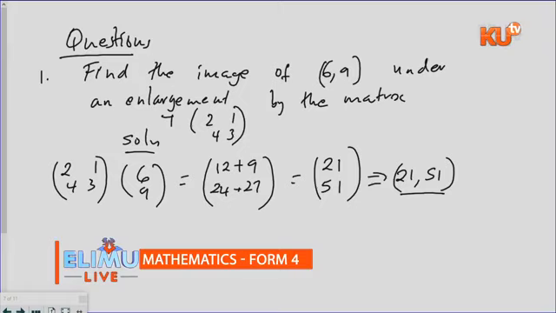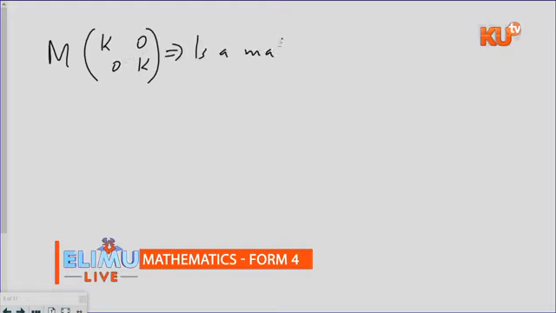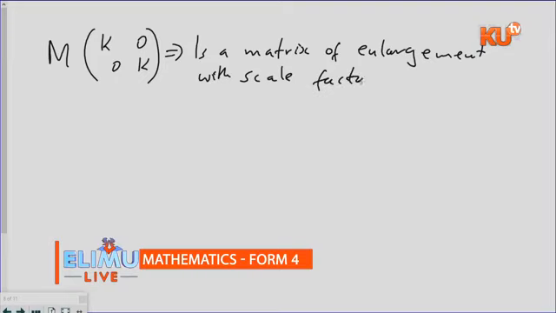Again, on the same enlargement, I want you to remember something, that we have what we call the matrix M. Matrix M given by K, 0, 0, K. These are common matrices of enlargement, with scale factor K and the center 0, 0.